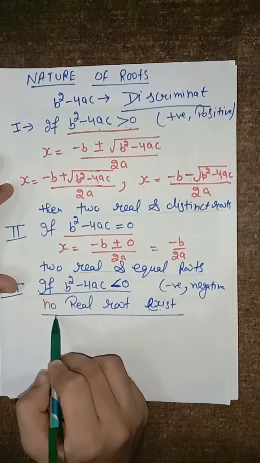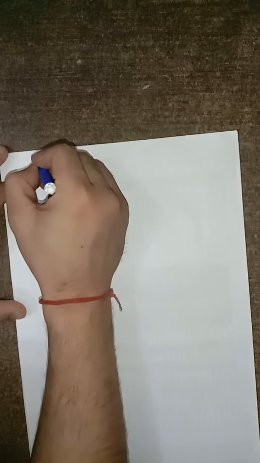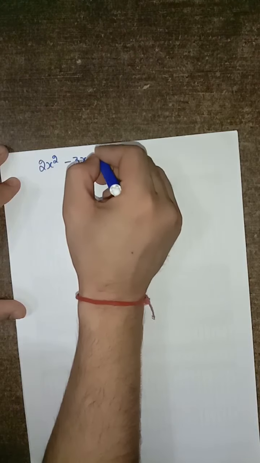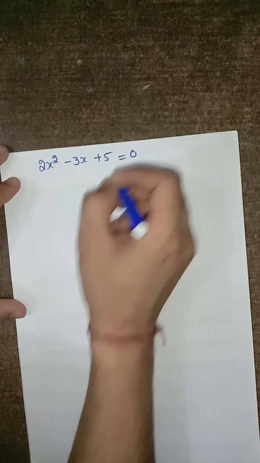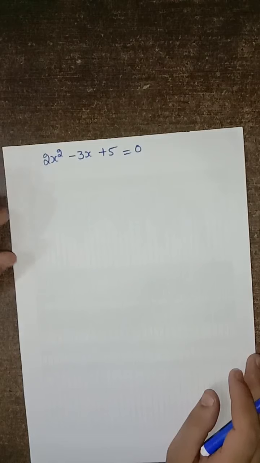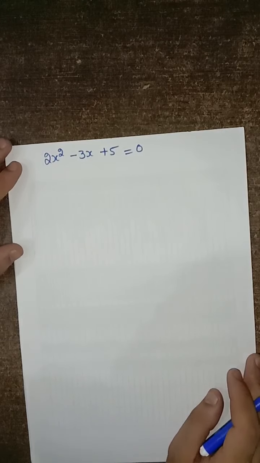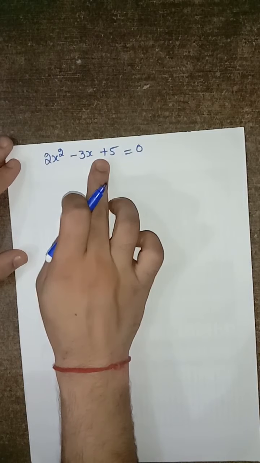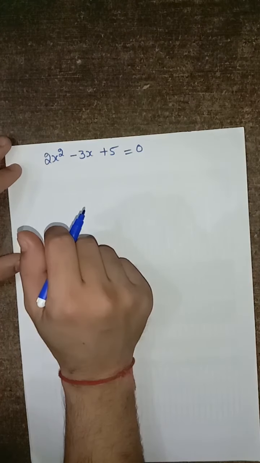Now our sum is 2x square minus 3x plus 5 equals 0, and it asks to find the nature of roots of 2x square minus 3x plus 5 equals 0.